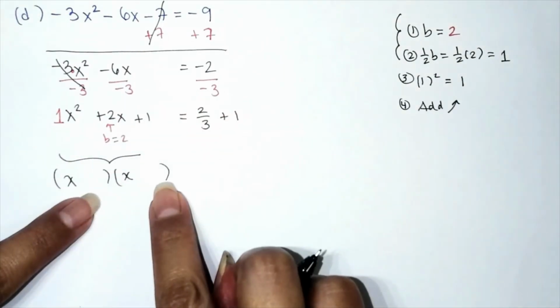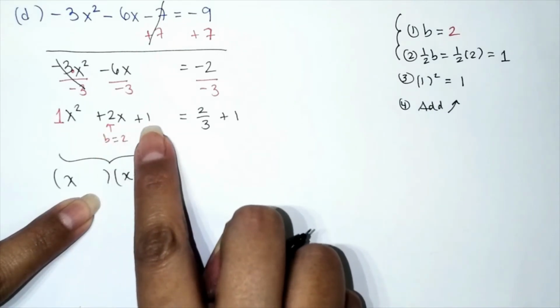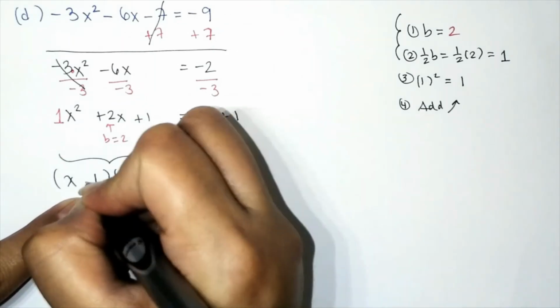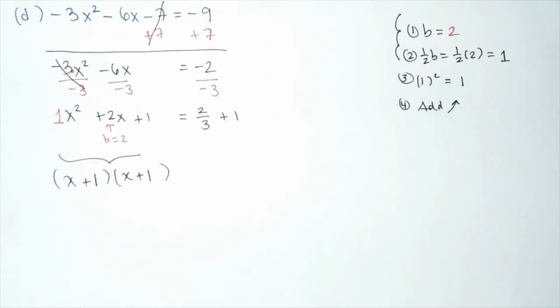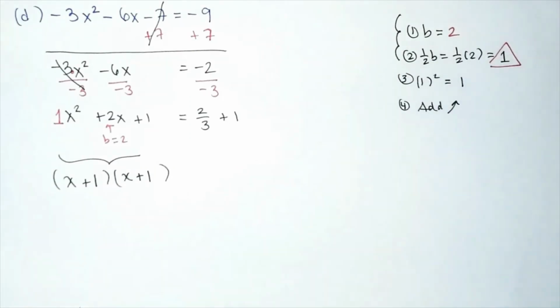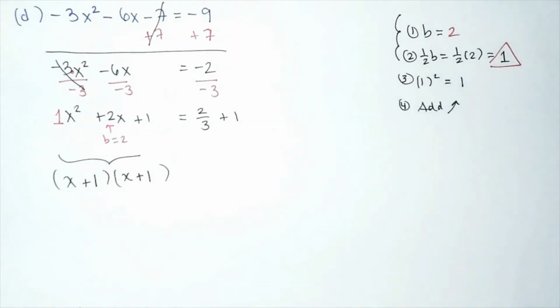To complete the binomial factors, we want factors of c that add up to b, factors of 1 that add up to 2, and in this case it's going to be 1 and itself. And again, if you're having a moment, bust out the secret weapon. Whatever half of b is, that's what you're going to use to fill in the parentheses. So in this case, we're supposed to use that plus 1. Do it however you want.